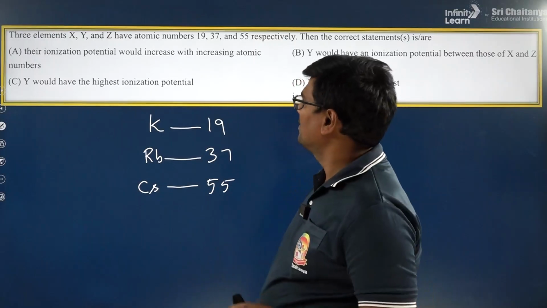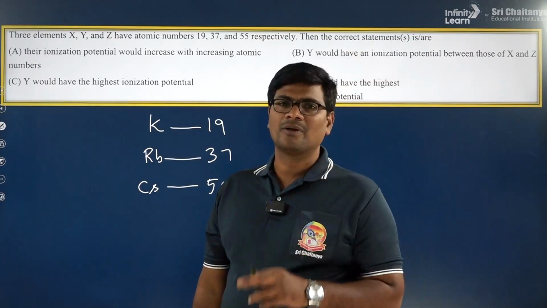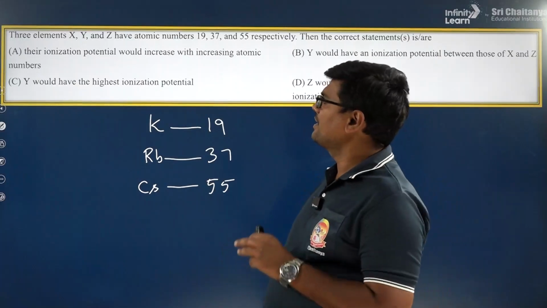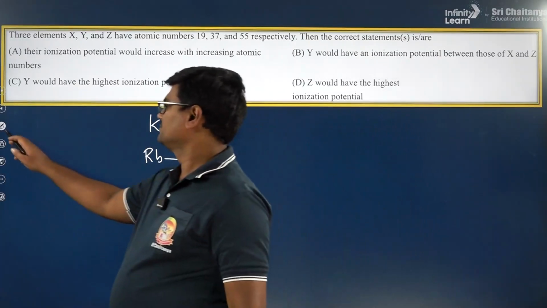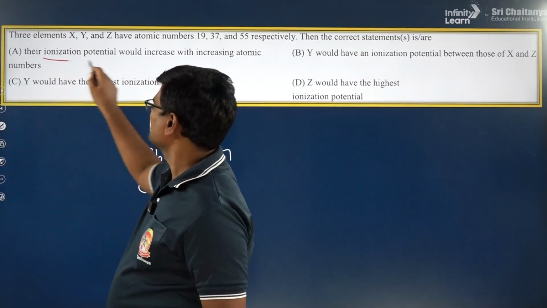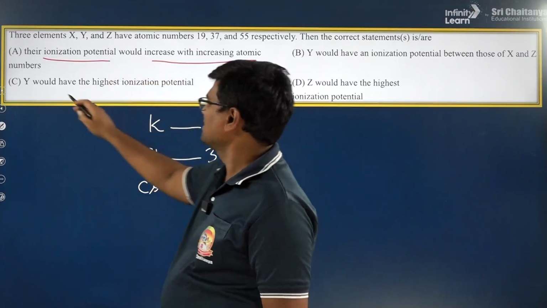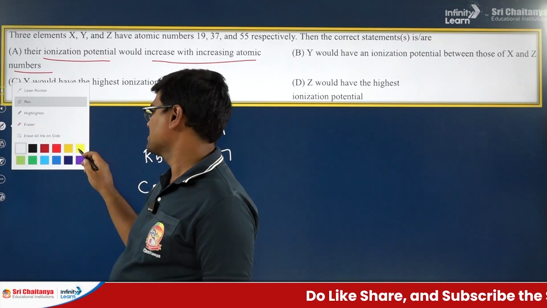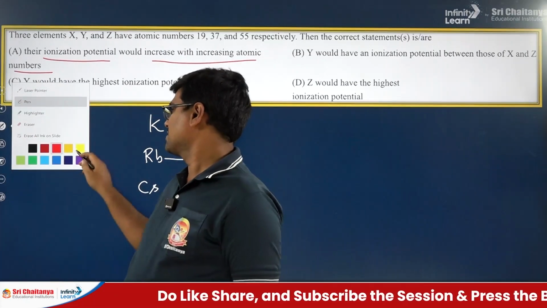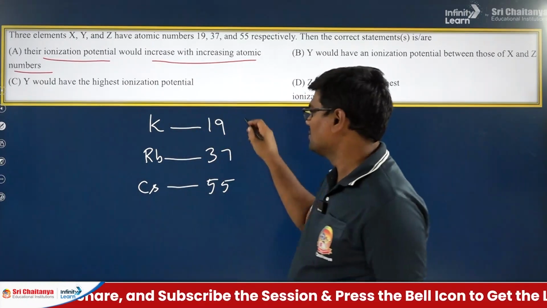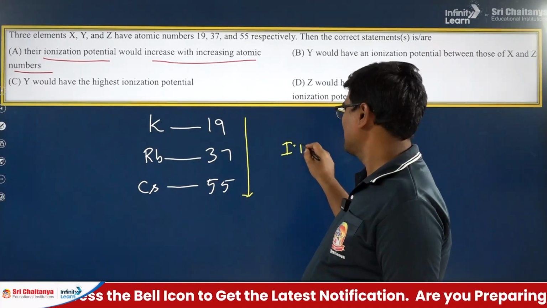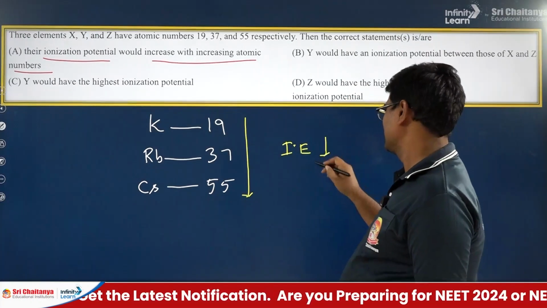Now what they are asking in the problem: the first option is that their ionization potential would increase with increasing atomic number. Let's see what happens to the trend of ionization energy. If you see, down the group ionization energy decreases.